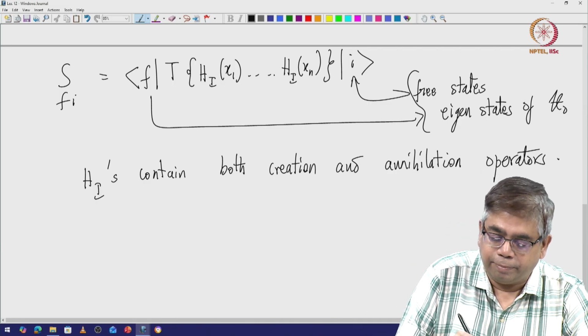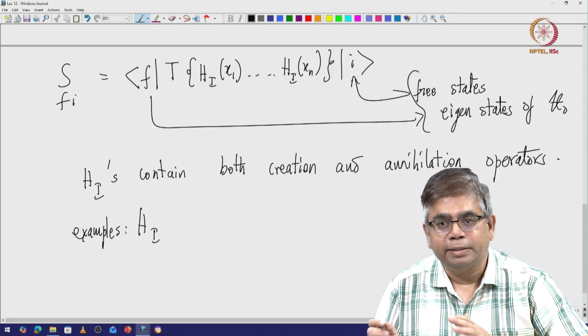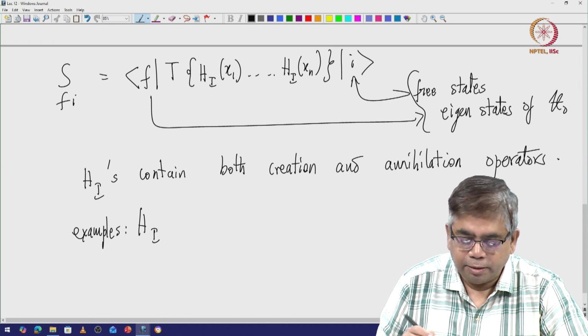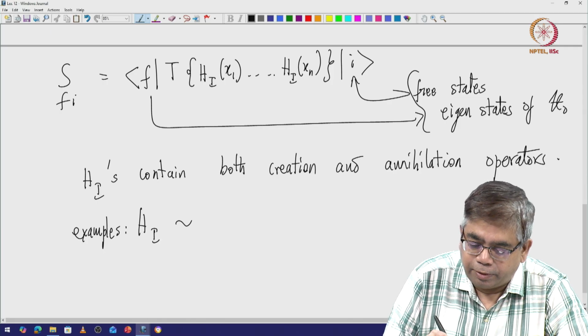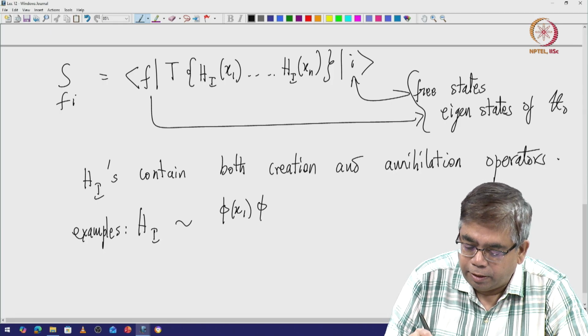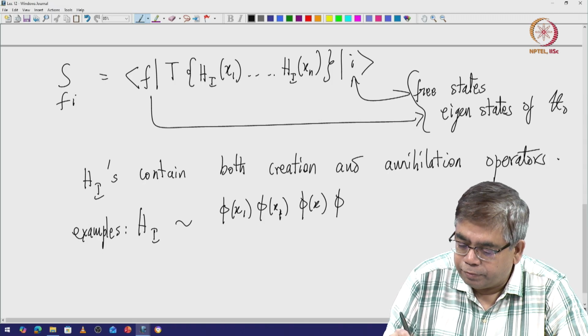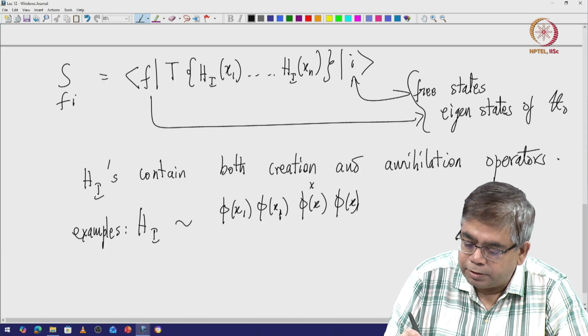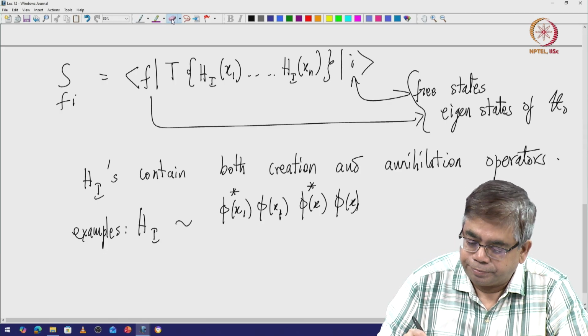I think it's easier understood if you have as many examples as possible. So for example, we had lambda phi^4 theory, in which we had phi of x, phi of x, phi of x, phi of x. For a complex field we'll put two of them to be starred essentially.